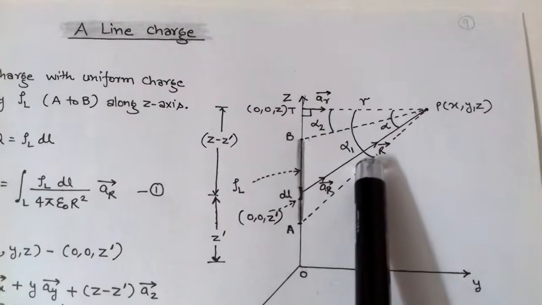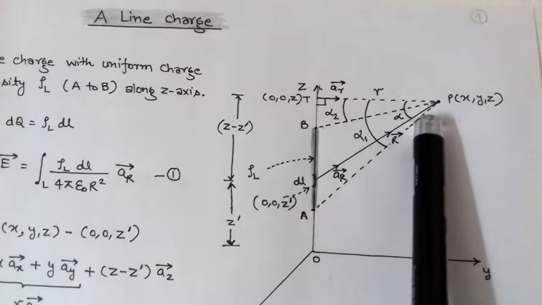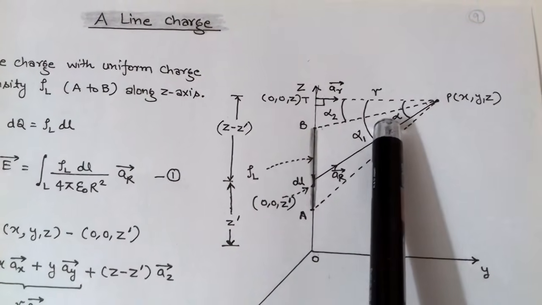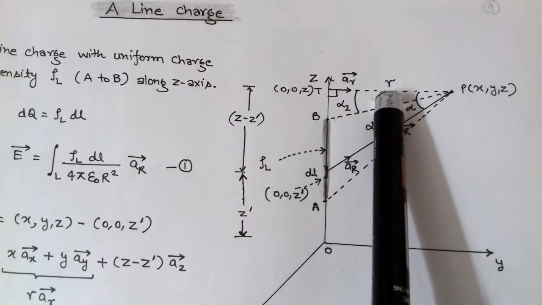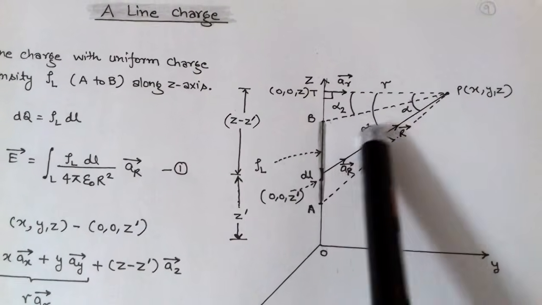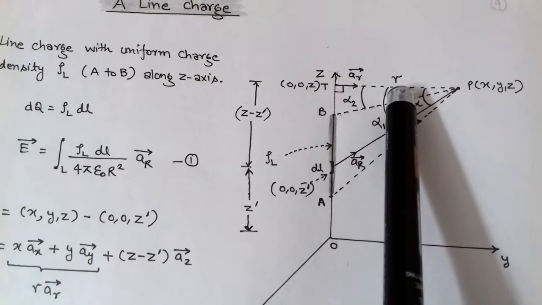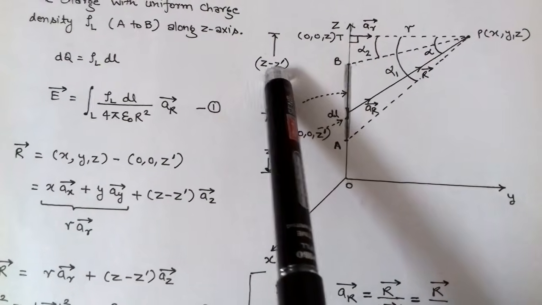because from the construction, by using trigonometry, small r and capital R, we take this triangle DL T P. So r equals capital R cos alpha and z minus z dash equals R sin alpha.